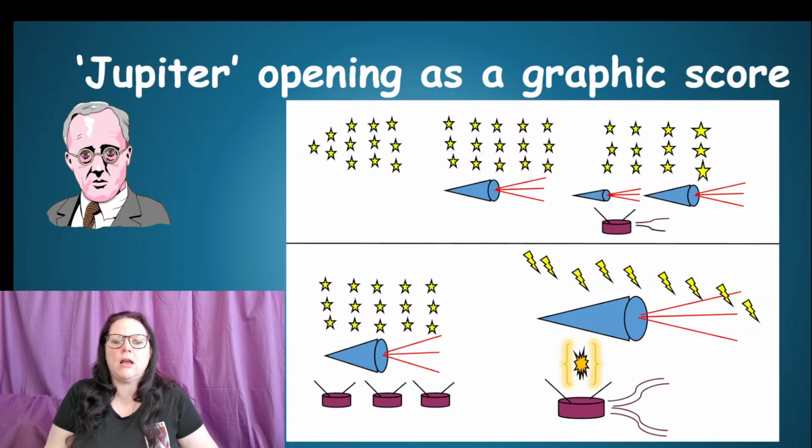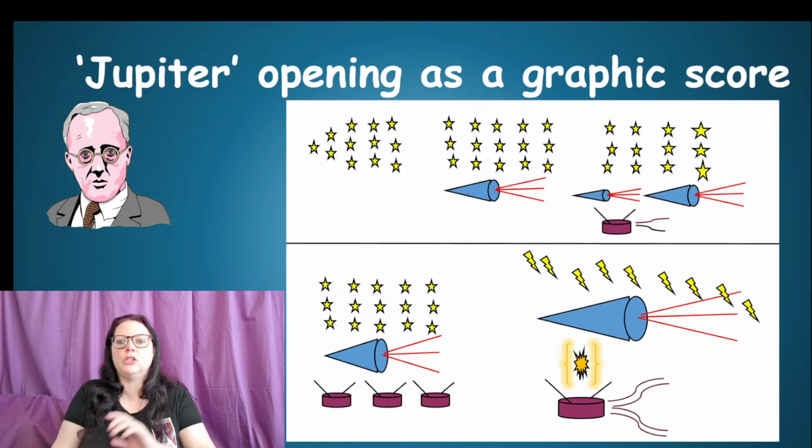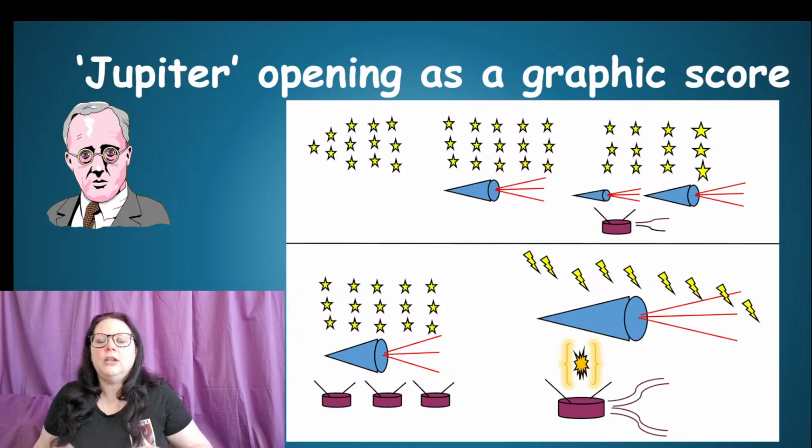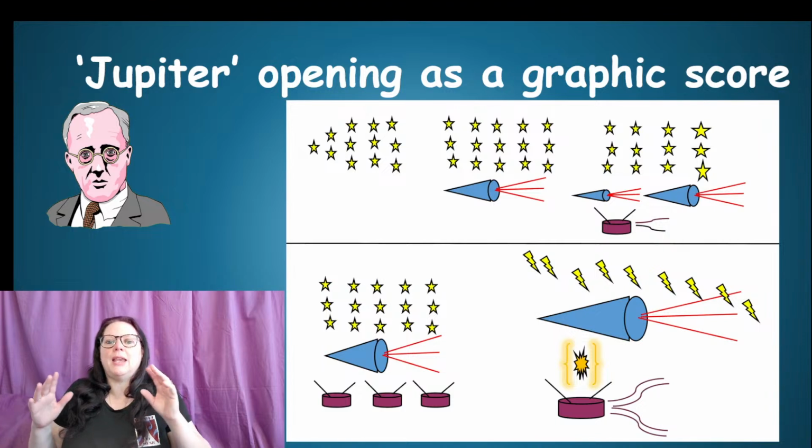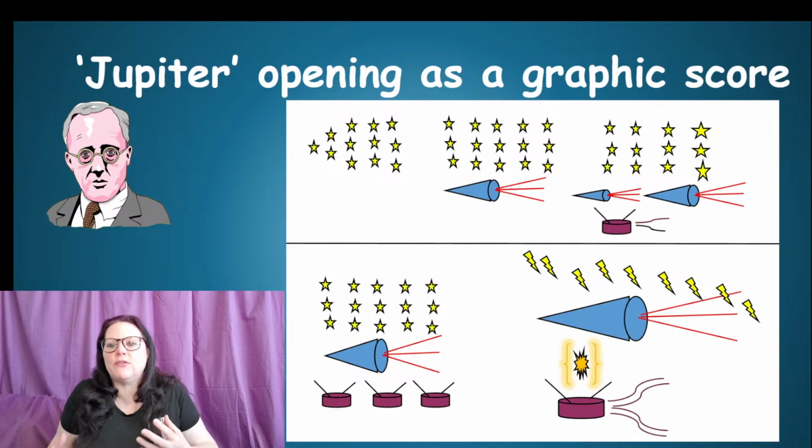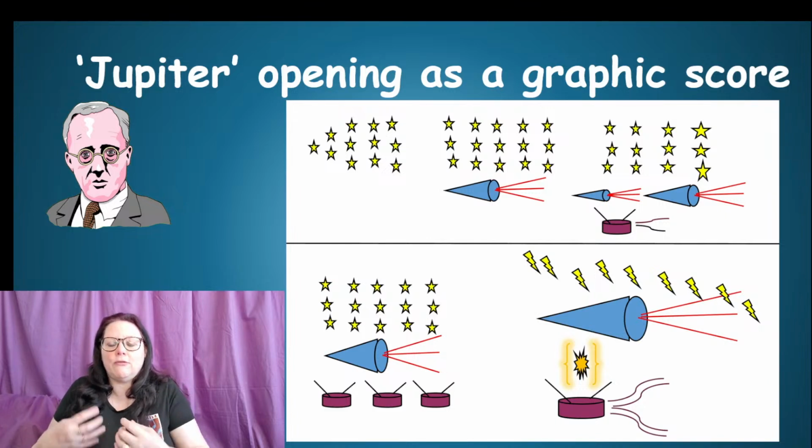I wouldn't have used that symbol. I would have done something different. I would have preferred to have used, I don't know, something else for the twinkly sound on the strings at the start. There's lots of things that you could use for the different instruments and the representation of them.